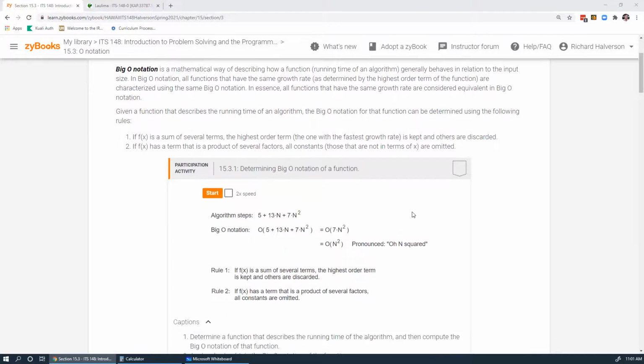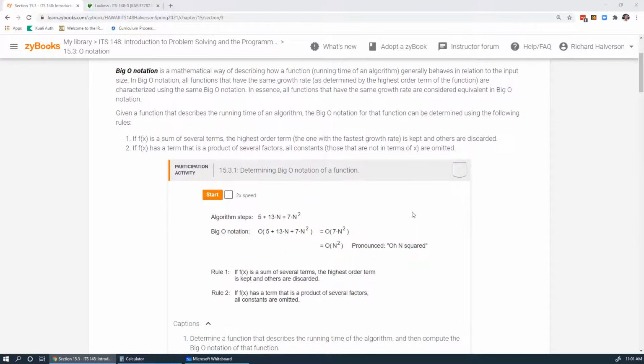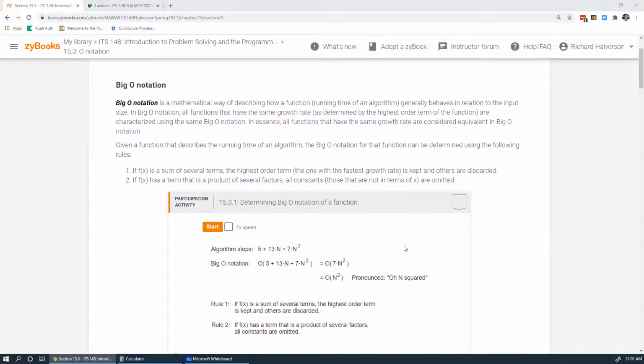That's why I'm spending more time on this than what might seem important. Understanding big O notation doesn't help you code faster. It doesn't help you, once you know the algorithm, to get it running faster.